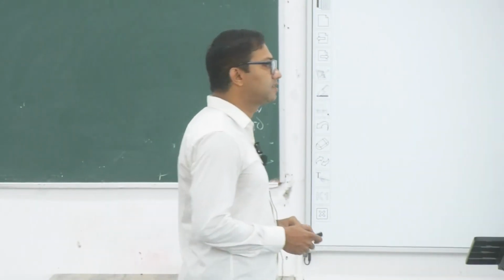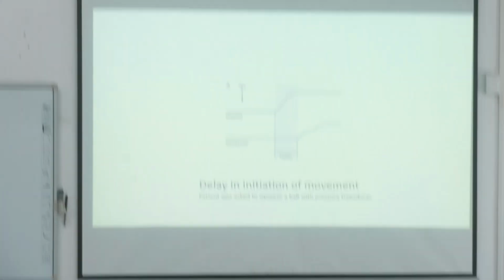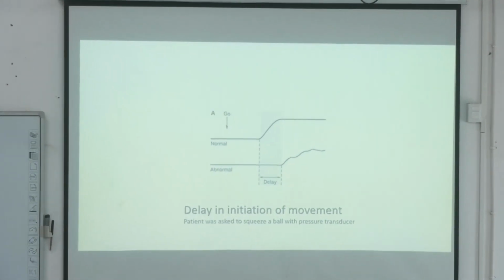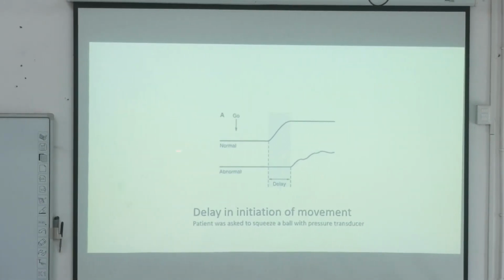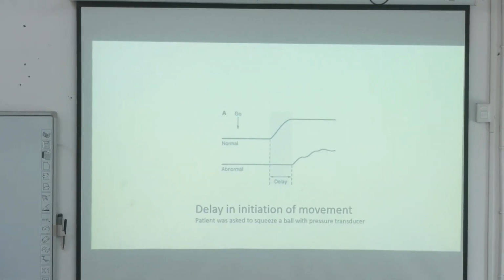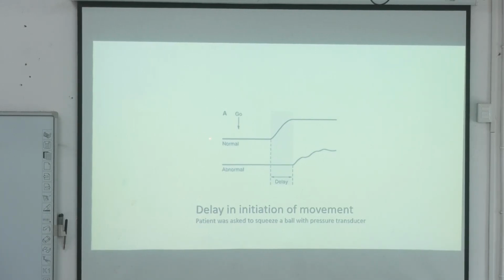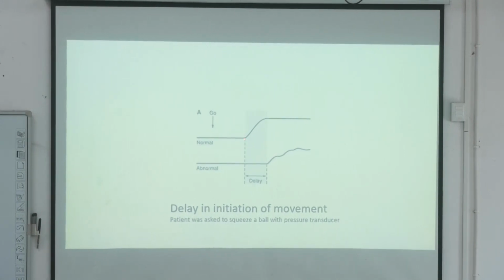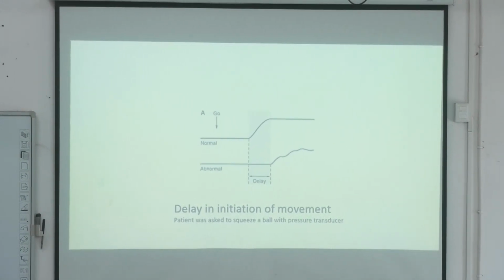So, first point is delay in initiation of movement. If I represent it in a graphical pattern, you can see the graph above is normal, right? From this point, the patient is initiating some movement, and you can see the smoothness in the normal healthy individual.